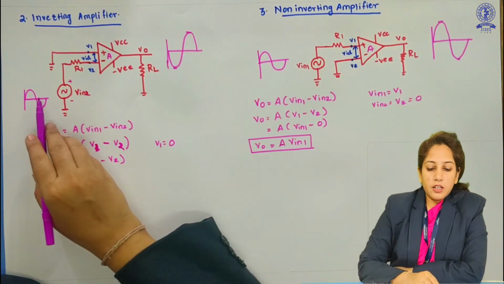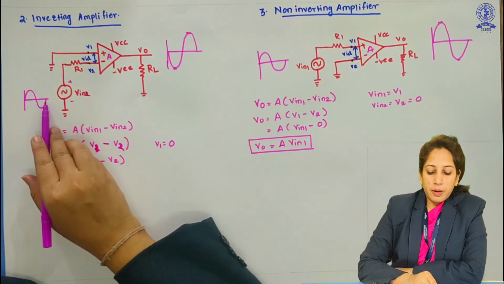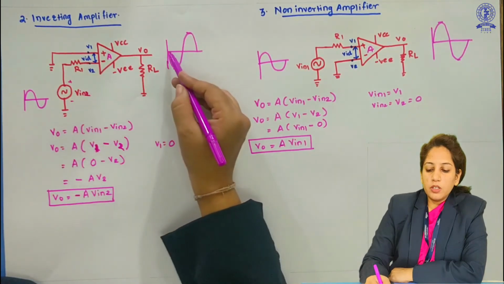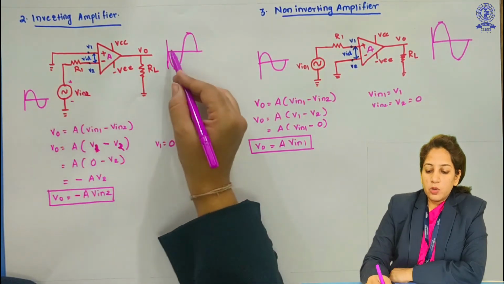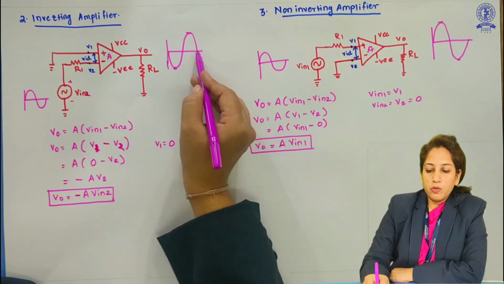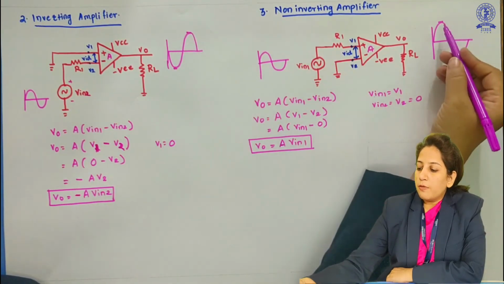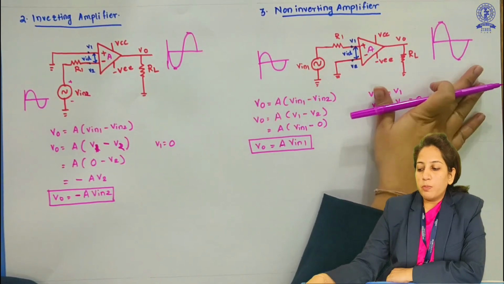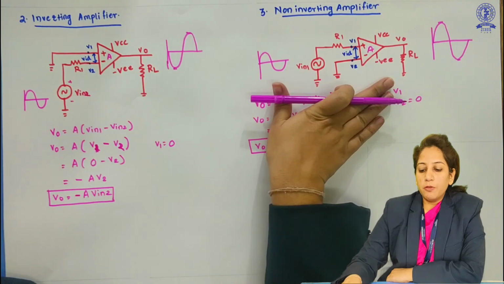Unlike the inverting amplifier, where an input wave applied here was 180 out of phase with respect to the input signal, in inverted form. Here I have drawn a sine wave, but it may differ because this is an open loop configuration and we may get output in a clipped form.